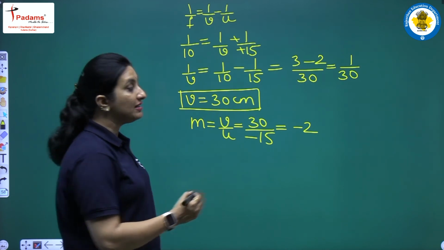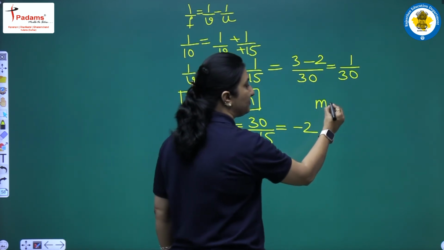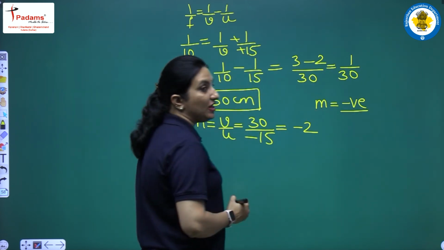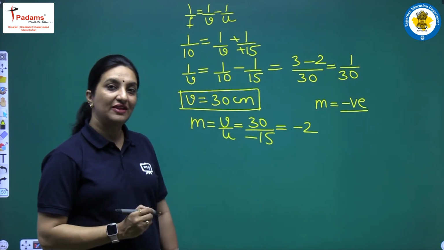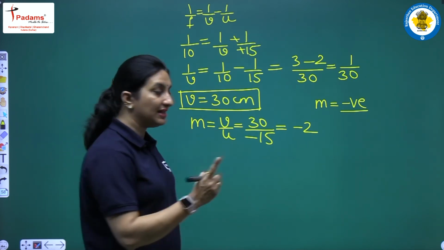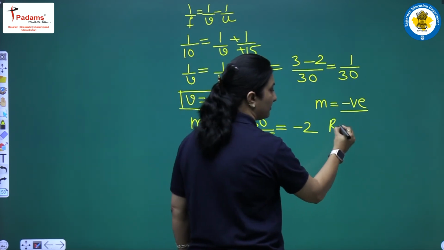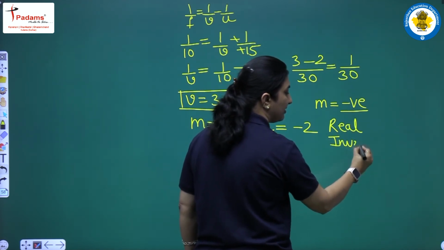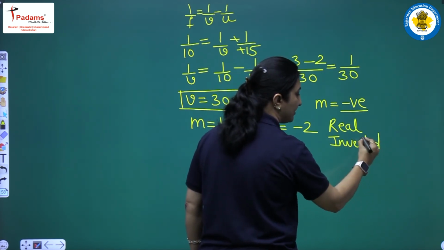Now, here students, m is negative. Now, what does this negative sign of m indicate? The negative sign indicates that the image is real, and all real images are inverted.